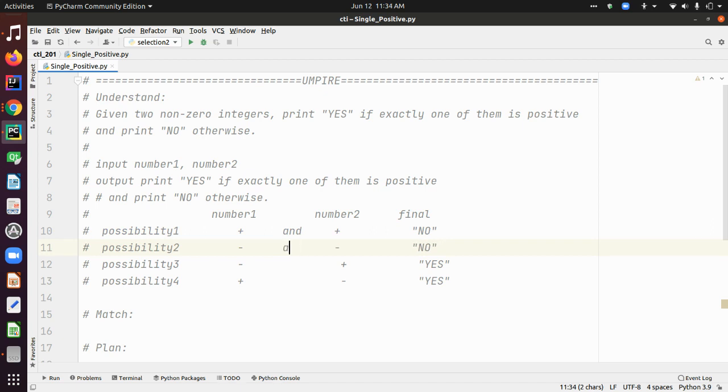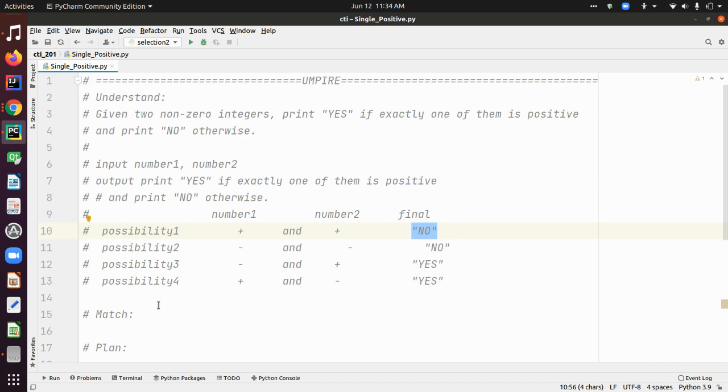And here too, and here too. So you need to check if this is positive and if this is also positive, and you print no. All right. So it seems like we require Boolean binary selection in here, right?